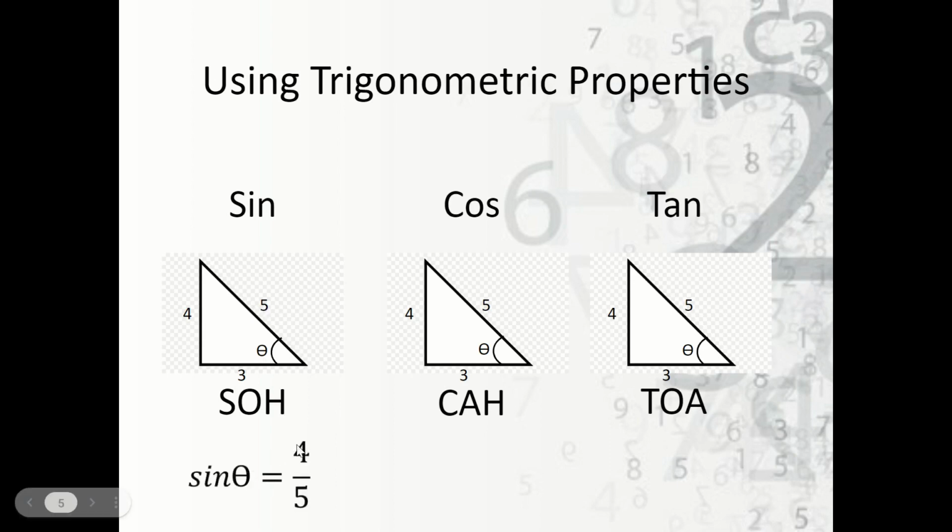So the sine of theta is 4 over 5. Now the cosine is the adjacent over the hypotenuse. The adjacent side is here, so this is 3 over 5. And tangent is opposite over adjacent. The opposite is 4 and the adjacent is 3, so it would be 4 over 3.